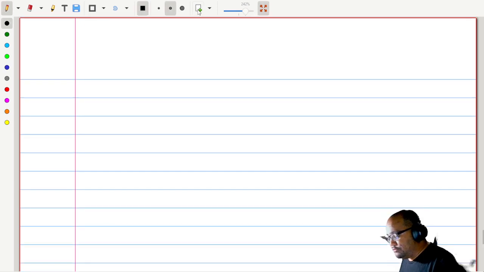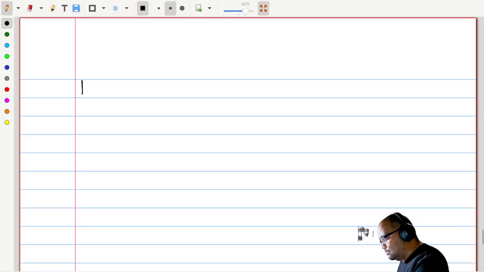The integral of square root x squared minus 25 over x dx.